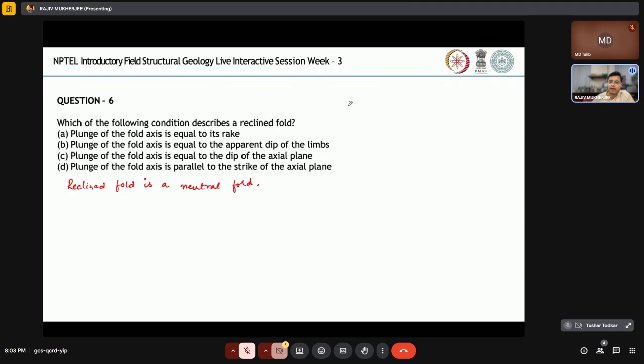So what are neutral folds? One is recumbent fold, option 2 is reclined fold, option 3 is vertical folds.